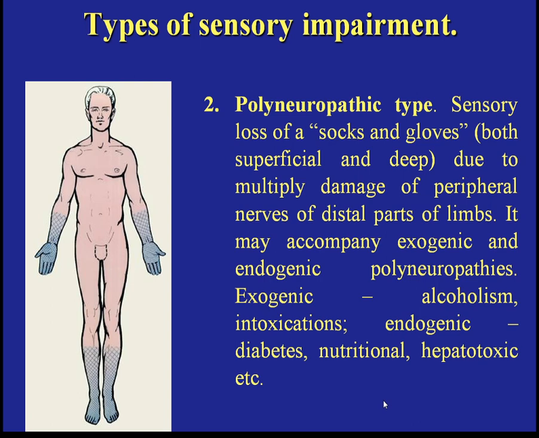It may accompany exogenic and endogenic polyneuropathies, and also hereditary. Exogenic, more often alcoholism and intoxications. Endogenic, more often diabetes mellitus, maybe nutritional, hepatotoxic, etc. Please remember, polyneuropathy, pattern like socks and gloves.